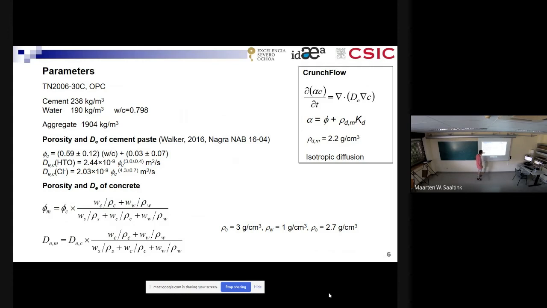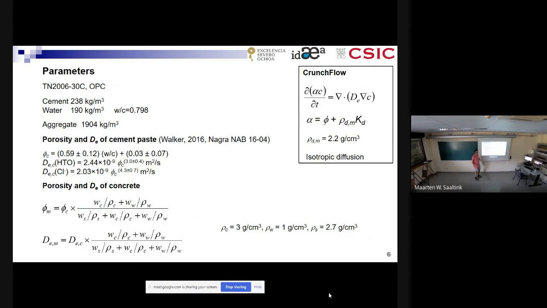This factor is the volume of cement and the volume of water divided by the volume of aggregate plus volume of cement plus volume of water. So we are calculating the ratio of volume of cement base to volume of concrete. The porosity of cement is the volume of water per volume of cement base, so I multiply by the volume of cement base divided by the volume of concrete. Then I get the porosity.